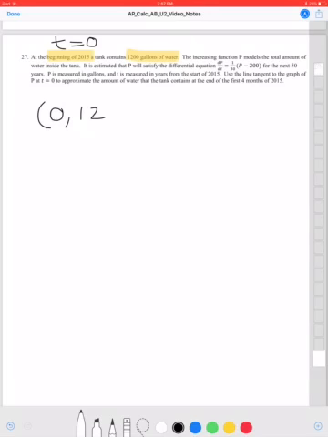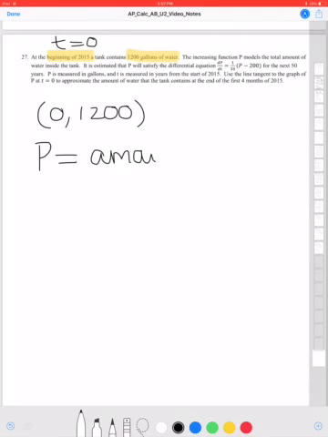At time 0, I've got 1,200 gallons. That's the point right there. The increasing function, it's always increasing, models the total amount of water inside the tank. All right. So P is the amount in the tank.